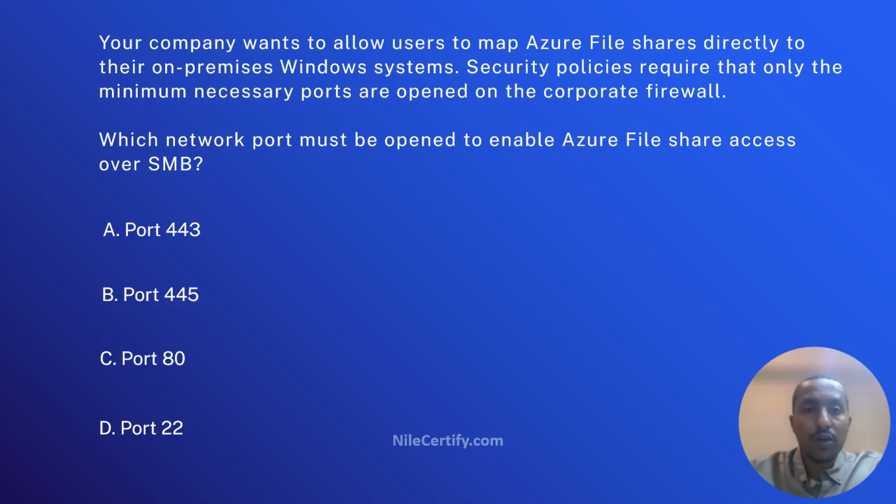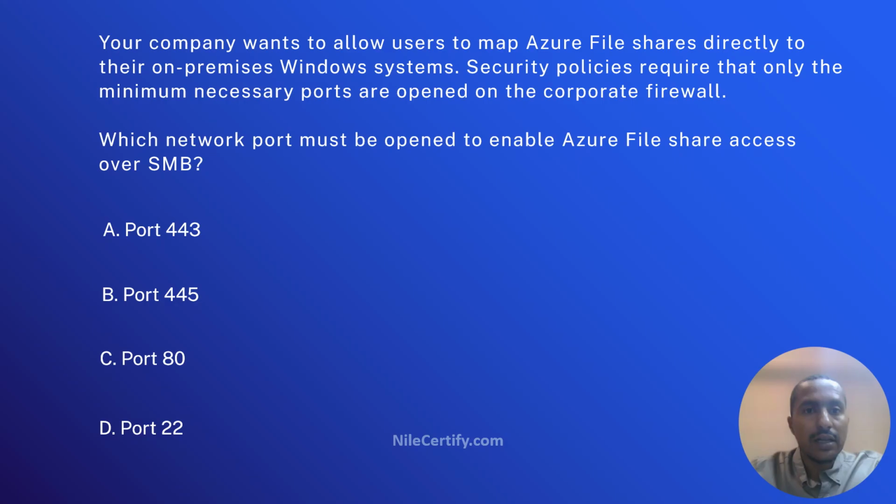Now let's go through the options one by one. Option A, port 443, is HTTPS, very common, very tempting, but Azure Files over SMB doesn't use HTTPS directly for mounting shares, so this isn't the port we need here.